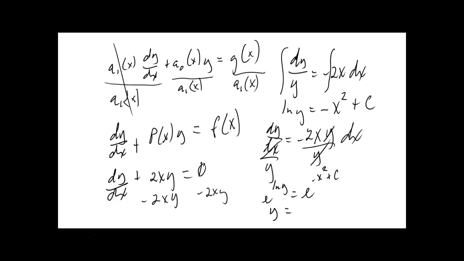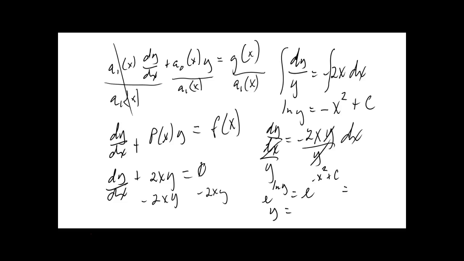Rule of exponents. If you have the same base, the sum of two exponents, that's the same as e to the minus x squared times e to the c, right?